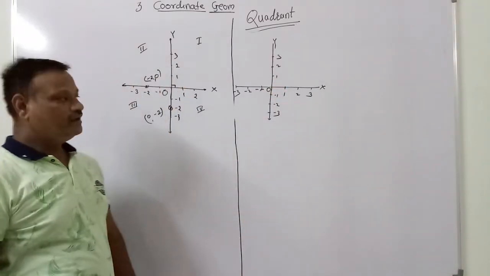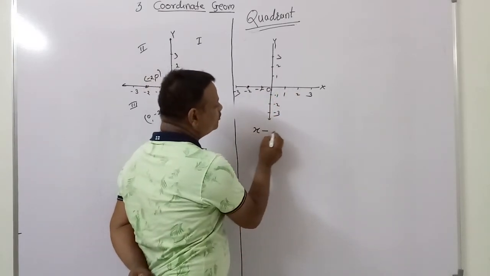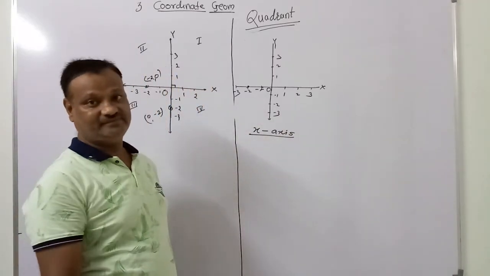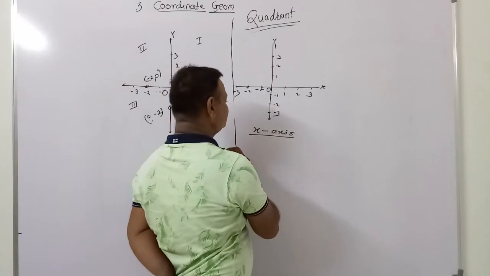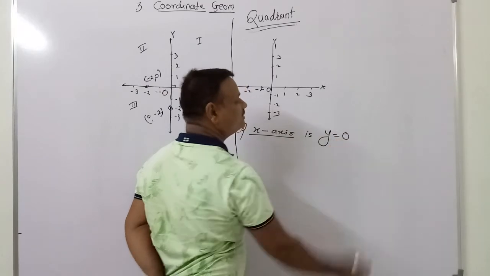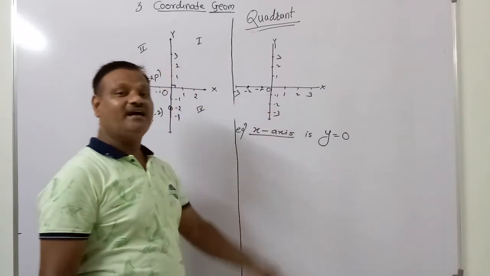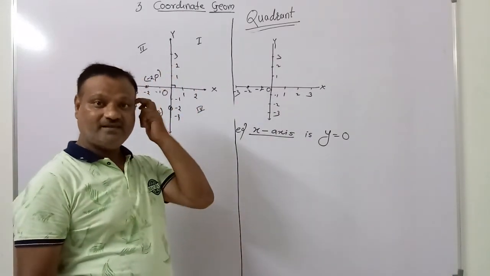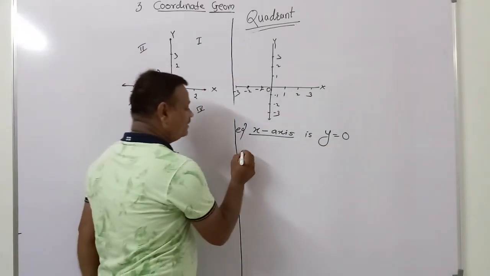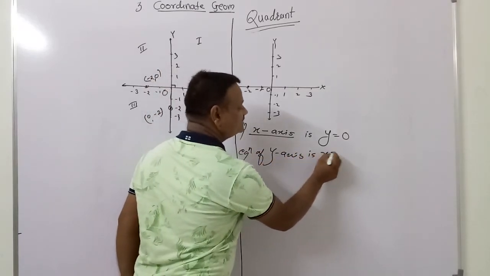Got it? Now every point on this number line, x-axis के ऊपर कोई भी point लीजिए, उसका y coordinate 0 आएगा. Therefore, the equation of x-axis is y is equals to 0. Why? Because every point on the x-axis, its y coordinate is 0. Therefore, the equation of x-axis is y is equals to 0 and equation of y-axis is x is equals to 0.